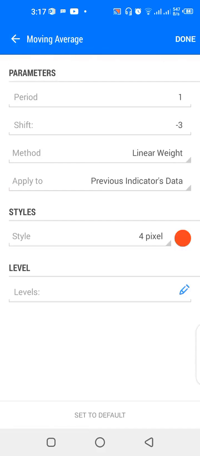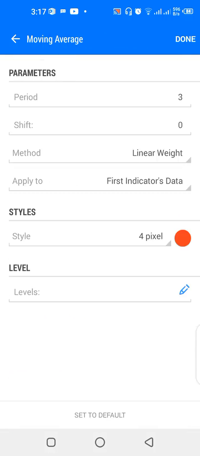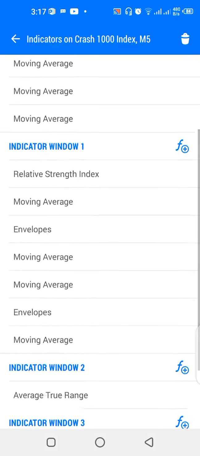Then we have moving average, period is 1, shift is -3. Method is linear weight, apply to previous indicator's data, color is green. Then we have another moving average, period is 3, shift is 0. Method is linear weight, apply to first indicator's data, color is red.